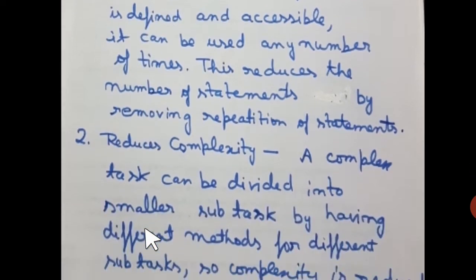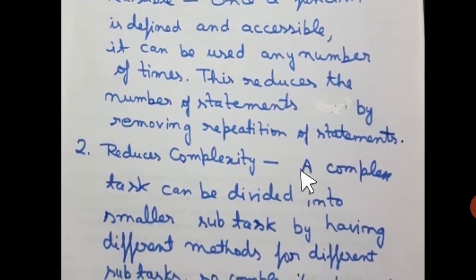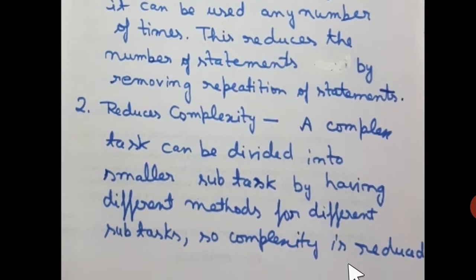Students, after that, reducing complexity. How can complexity be reduced through a function? A complex task can be divided into smaller subtasks, by having different methods for different subtasks, so complexity is reduced. We can take the example of a calculator again.